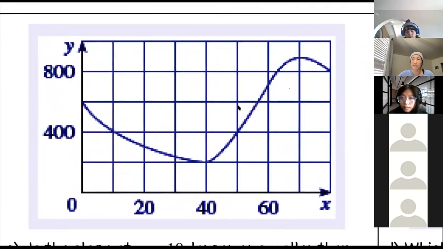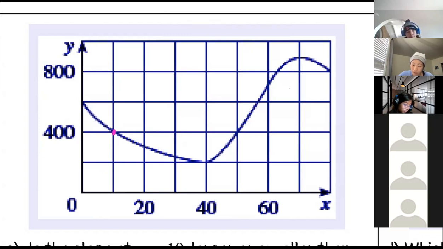Now at 10, I know that the point is here. So if I want the slope at 10, I really want to think about what's happening as I get really close to 10 slope-wise.